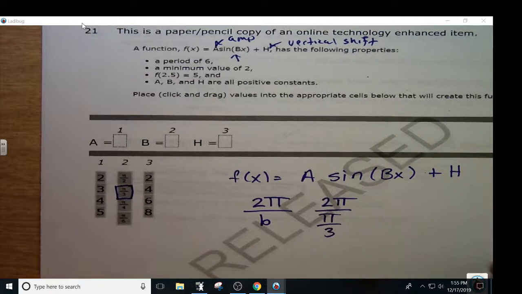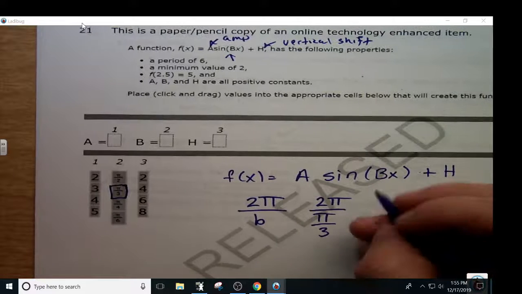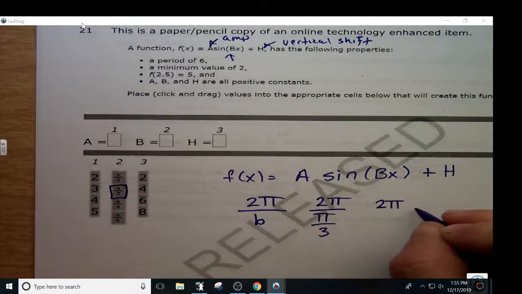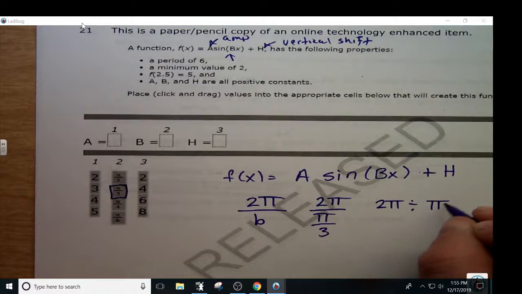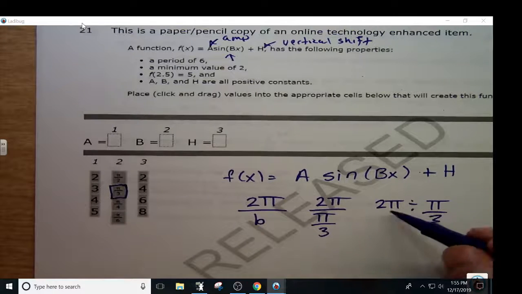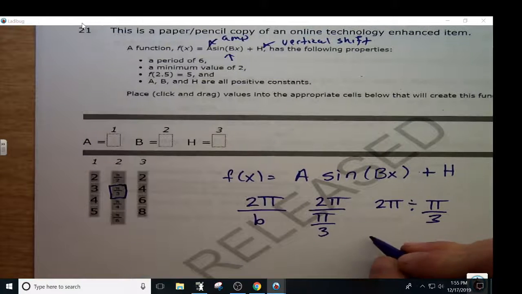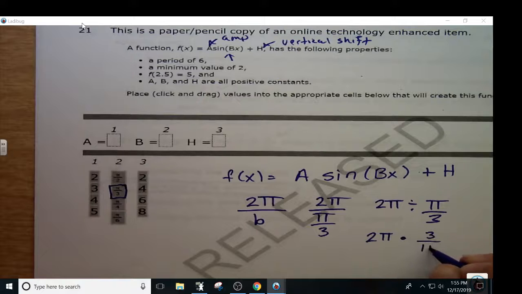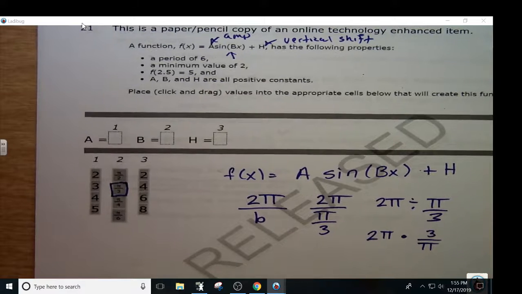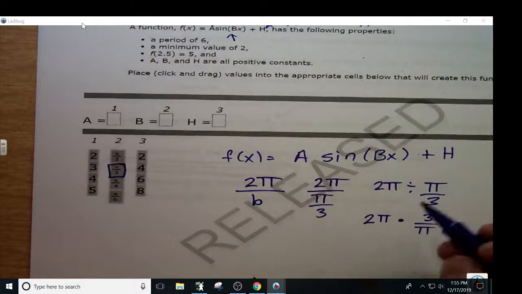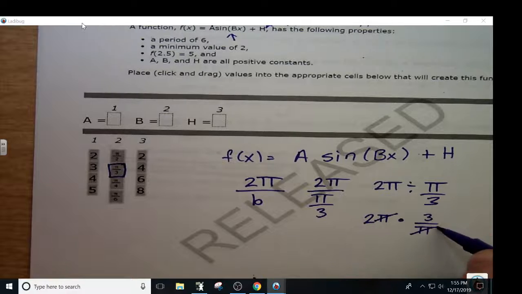Not skipping any steps, going back to elementary or middle school when we first started dividing fractions, it's keep, change, flip. Now, your pi's are going to cancel. Now, 2 times 3 is 6. So look, there's our period.